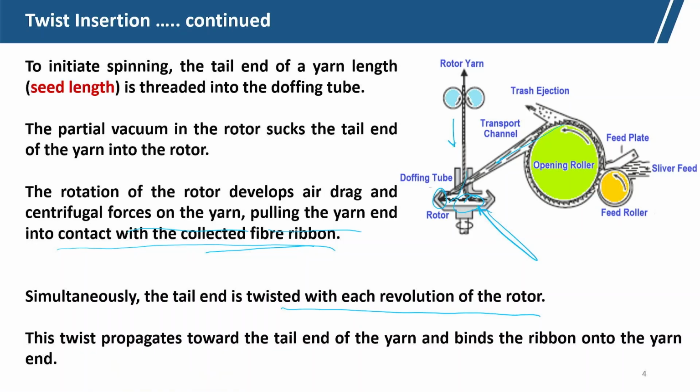This twist propagates towards the tail end of the yarn and binds the ribbon onto the tail end. So, the tail end starts rotating, and as it rotates, it will bind the fiber ribbon which has been accumulated inside the rotor groove.